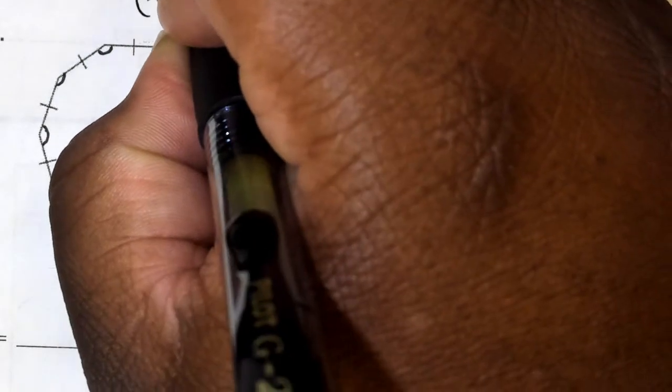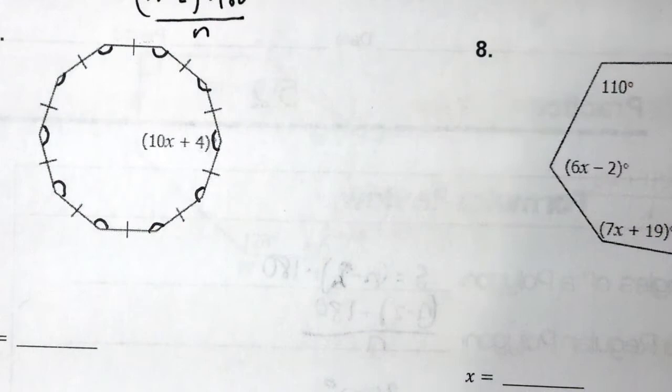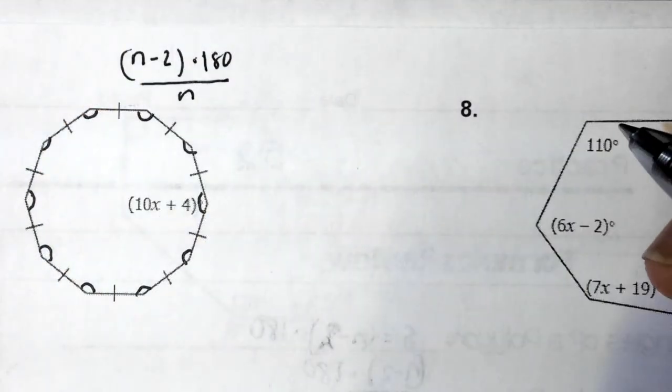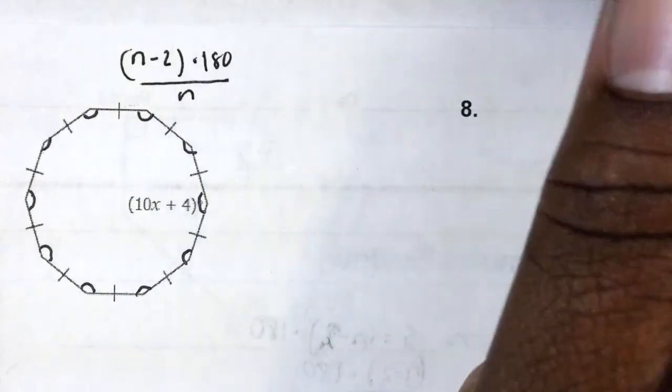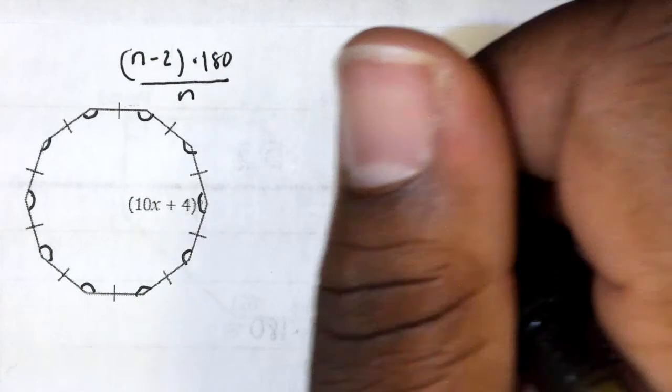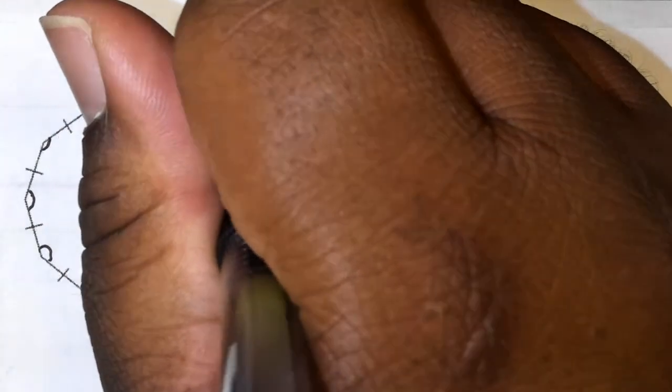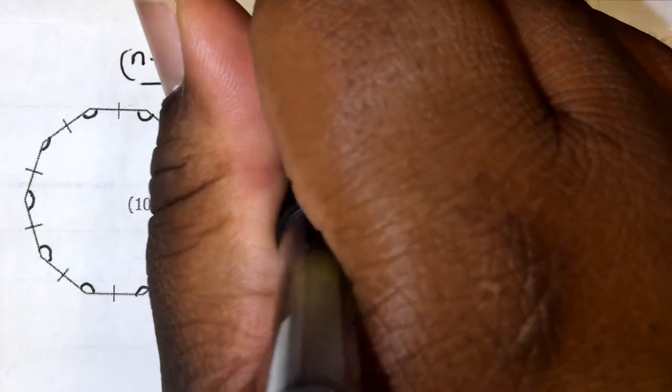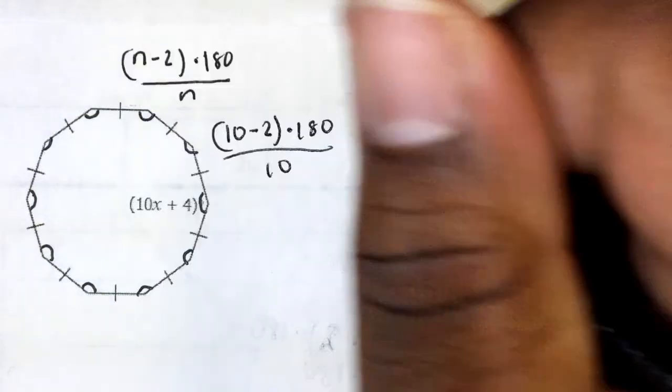It's n minus 2 times 180 divided by n. In this case, n would be what? What's n? How many sides? 10 sides. 10 minus 2 times 180 divided by 10.